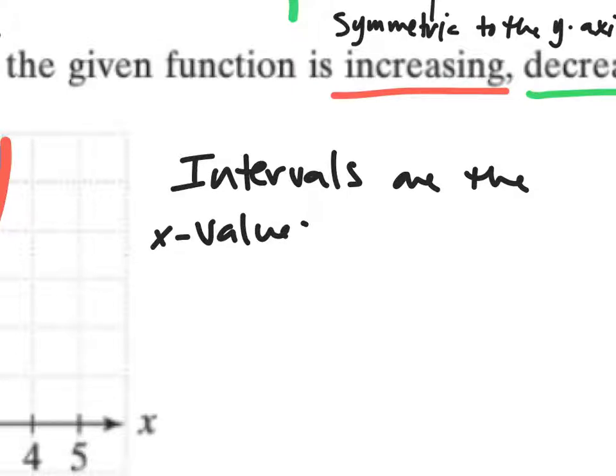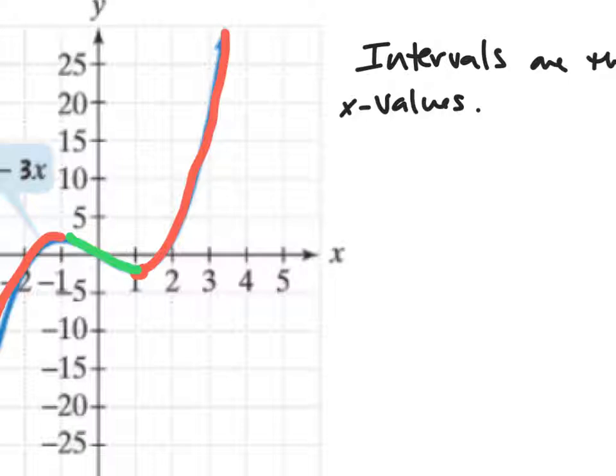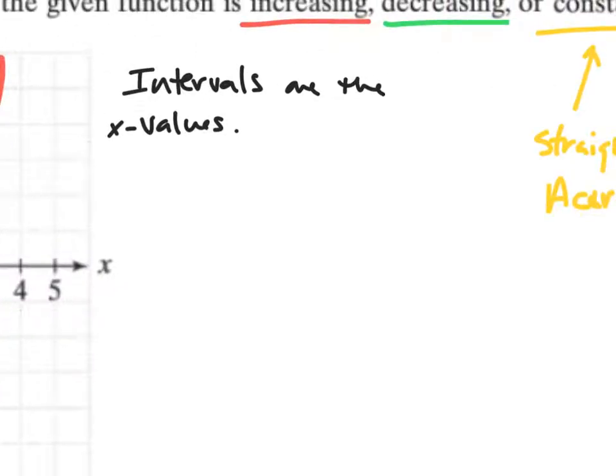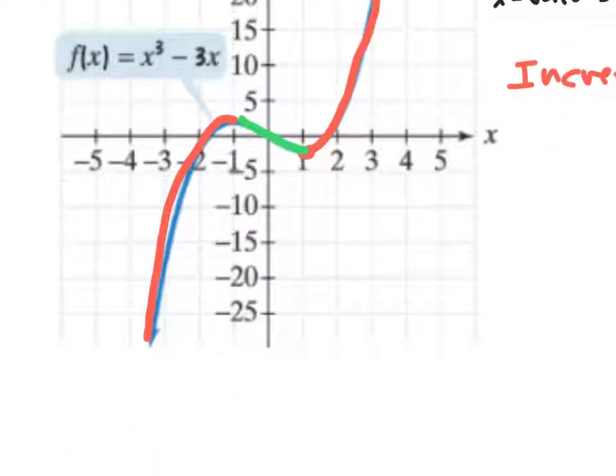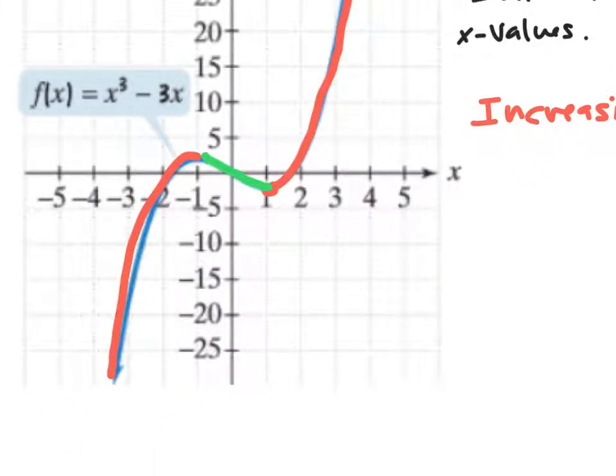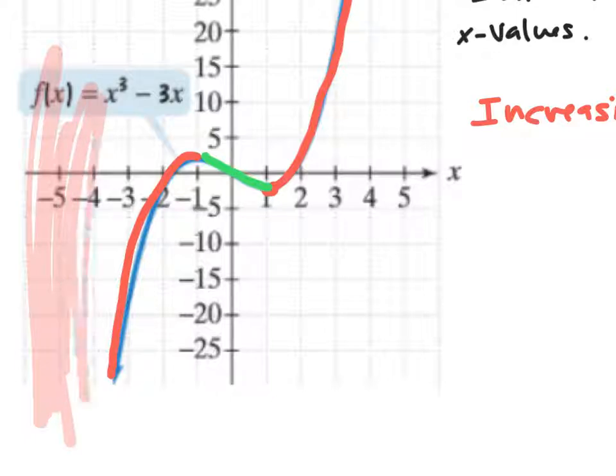So when we're increasing, let's write this. We are increasing over the intervals, and I'm going to color the graph in red where it's increasing. So the graph is increasing from negative infinity until we get to negative 1.